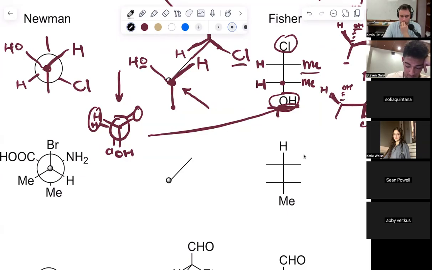I'm just trying to figure out why the Cl and OH are facing down. In the original Newman, the OH is top left, the Cl is bottom right.